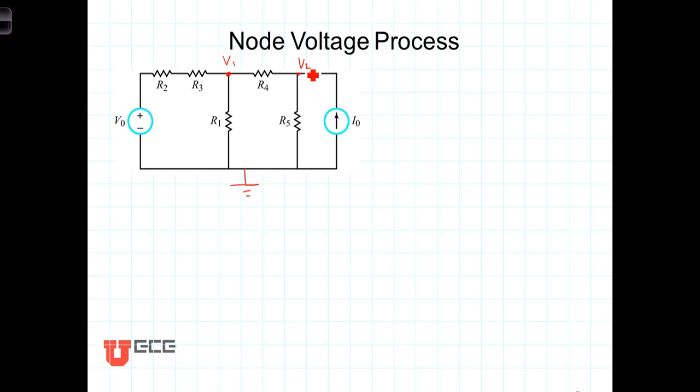For example, let's start by summing the currents leaving this node right here. In terms of V1 and this, our voltage source, first of all, note that the voltage at that node is V0 volts above our reference.